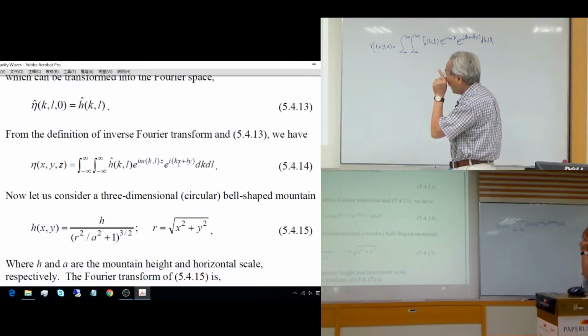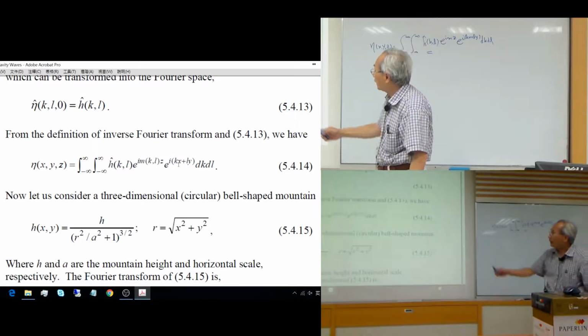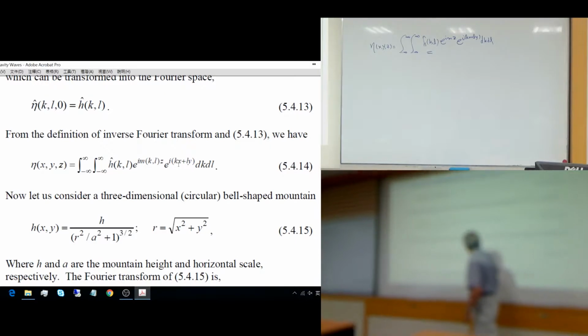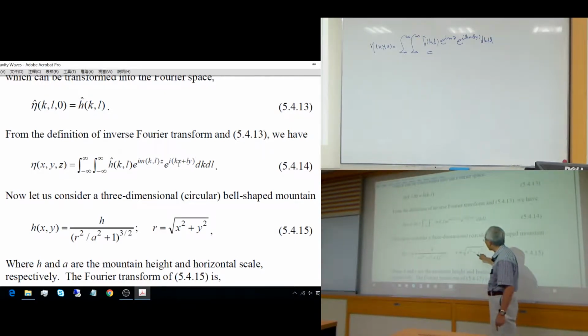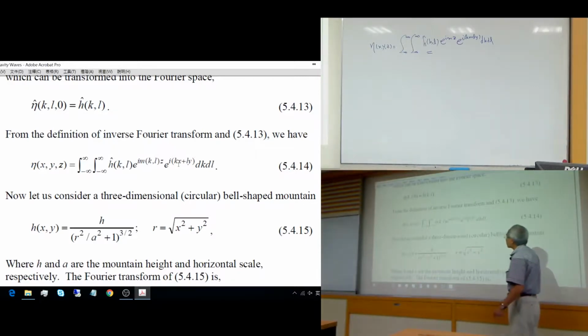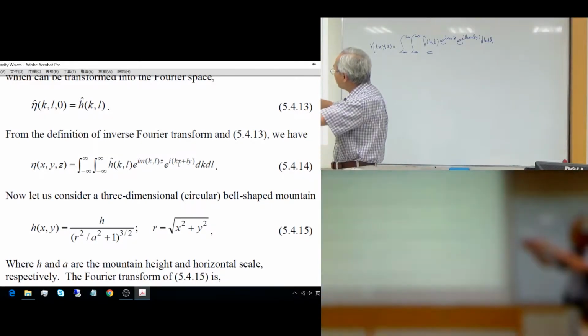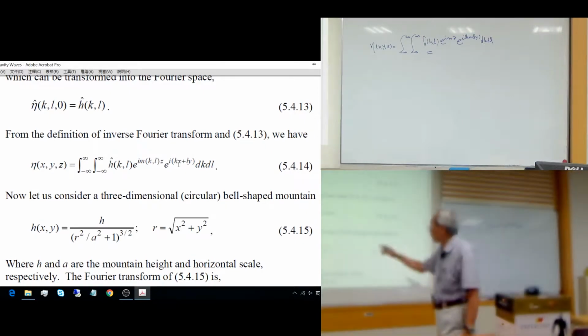Now h hat, because of the pear shape, r squared is equal to x squared plus y squared. So r will be the square root of x squared plus y squared. And this three-dimensional pear-shaped mountain has a very nice form of Fourier transform.